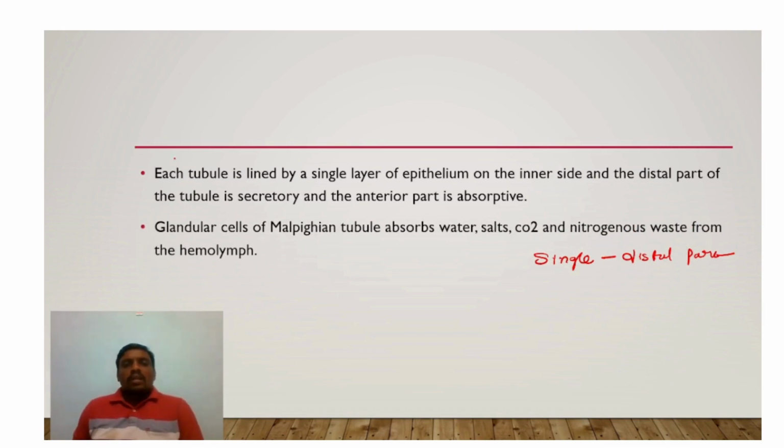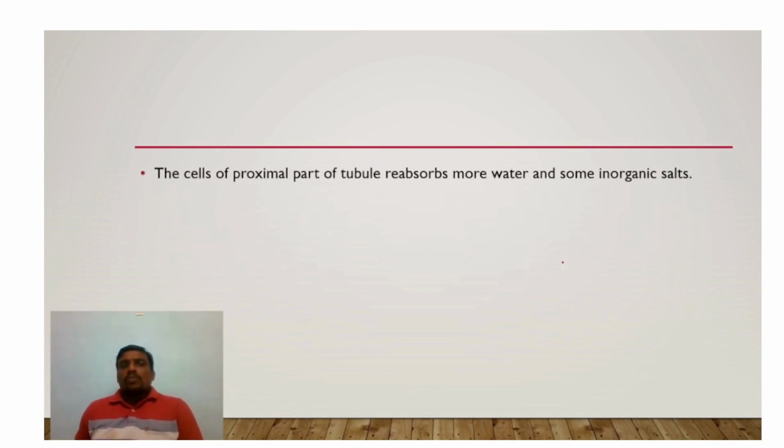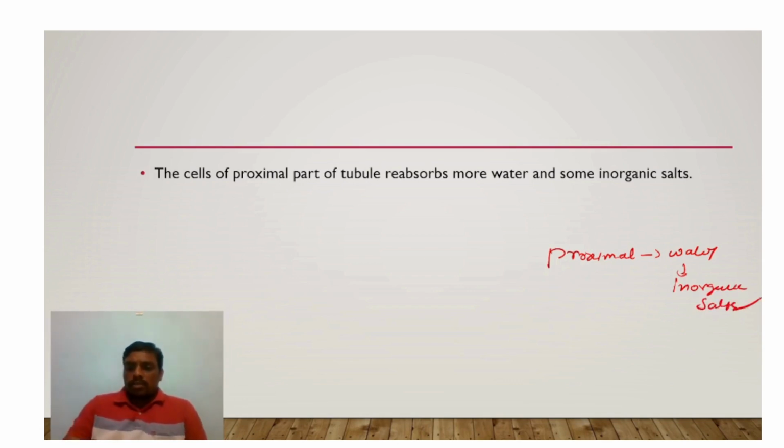Glandular cells of Malpighian tubules absorb water, salts, CO2 and nitrogenous waste from the hemolymph. The proximal part of the tubule reabsorbs more water and some inorganic salts.